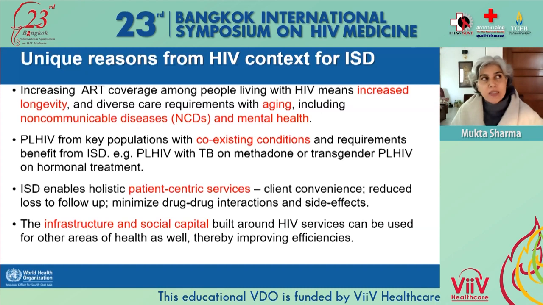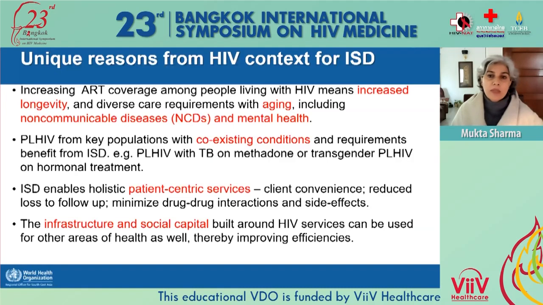Globally, this percentage of people over the age of 50 is about 17%. But if one was to look at the figures in Thailand, for example, I would not be surprised if more than 25% of people on ART are actually over the age of 50. And as we age as a region, we will continue to see aging of people living with HIV.